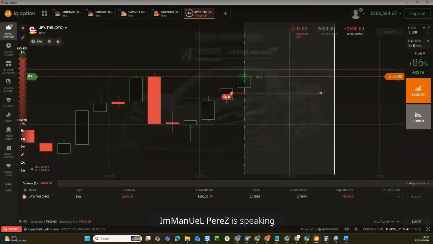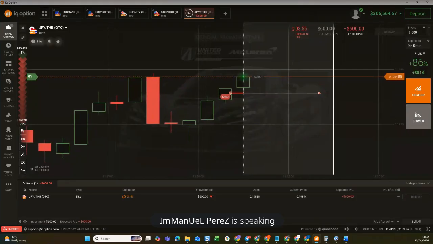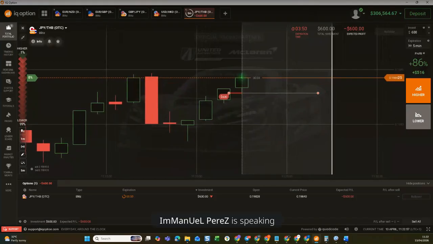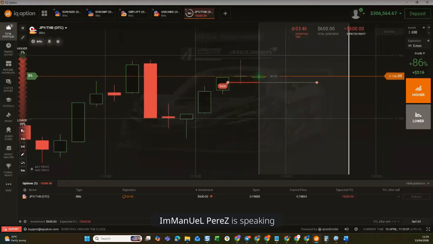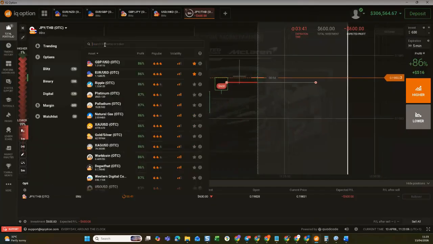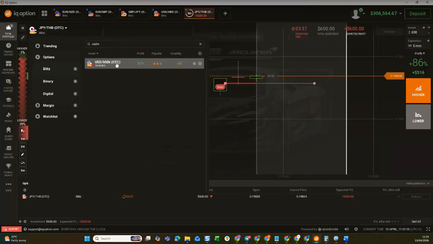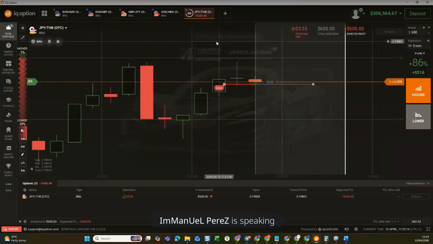There was one I saw, I think USD MX something. USD MXN is available. If you search USD MXN, there was one that I said was not on IQ Option. See, that one is available. There was one I searched that I didn't see myself.